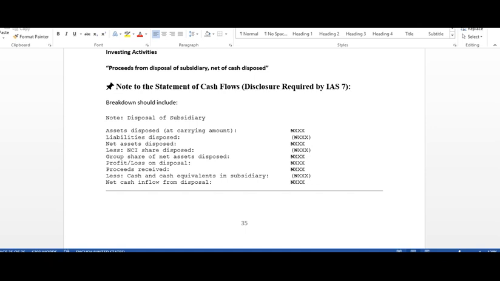Then also the group share of the net asset disposed will be there. The P&L on disposal will be there. Proceeds received less cash and cash equivalent in subsidiary. That will give you the net cash flow from the disposal.